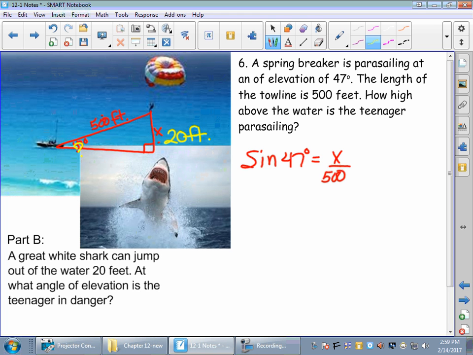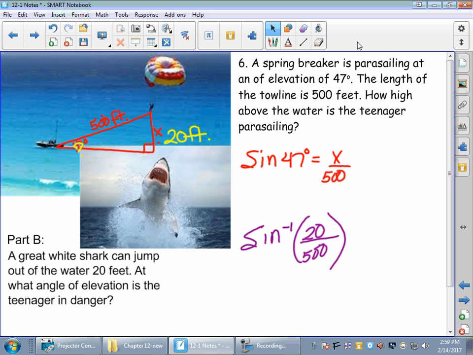So now you're looking for the angle. To find the actual angle, I would have to do the inverse sine. So this is where we would do the inverse sine of 20 over 500. And that's how you'd figure that one out.